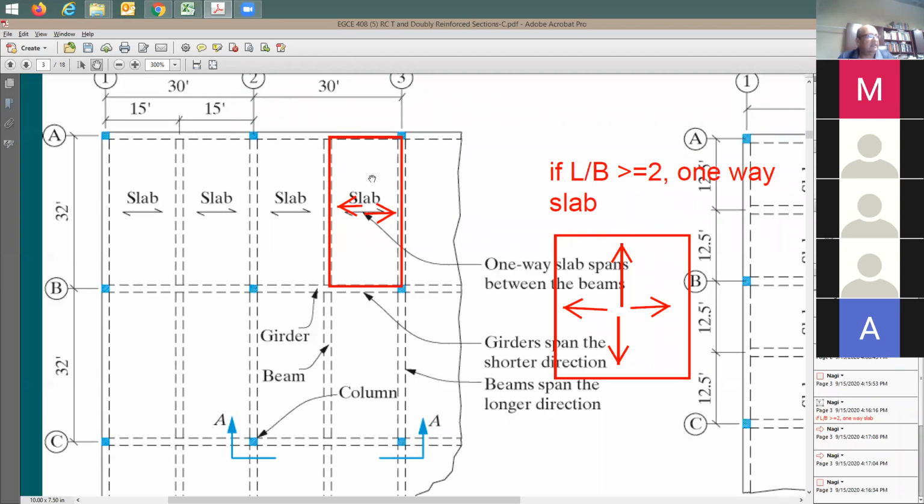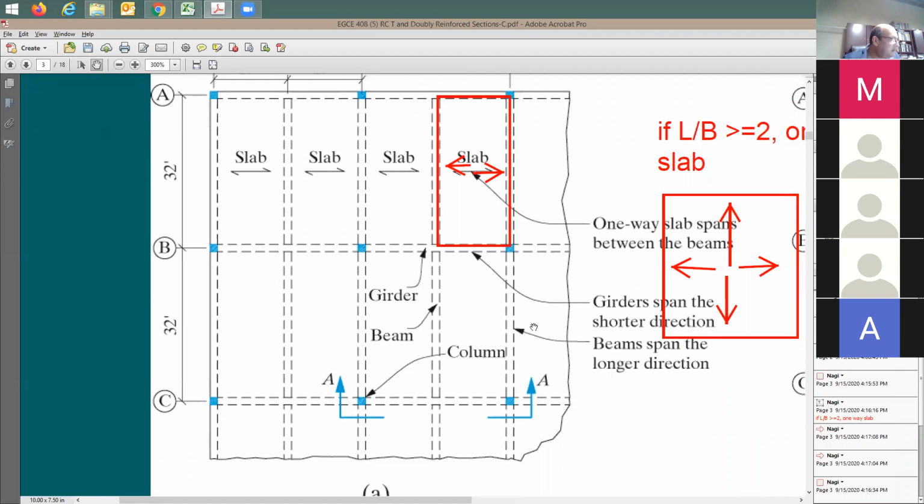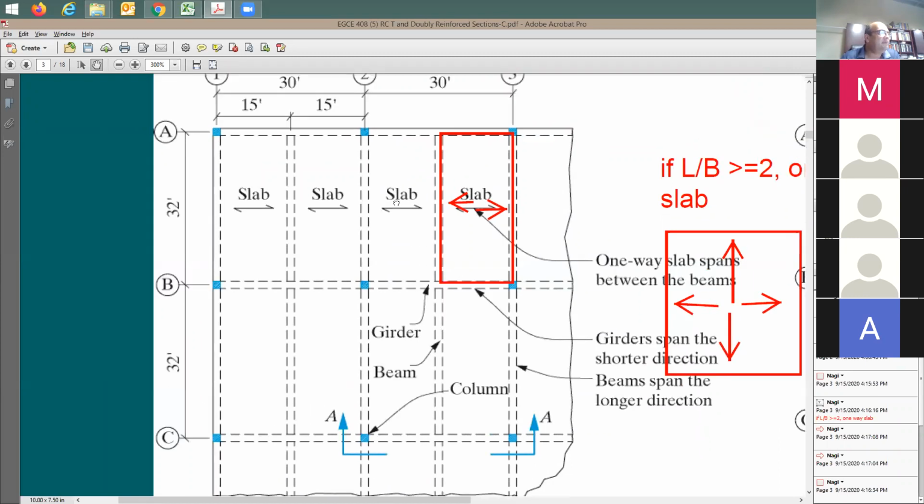So now I understand that I'm going to have one-way slab in all of these cases, right? And usually the load is going to be going from the slab to each one of these beams.